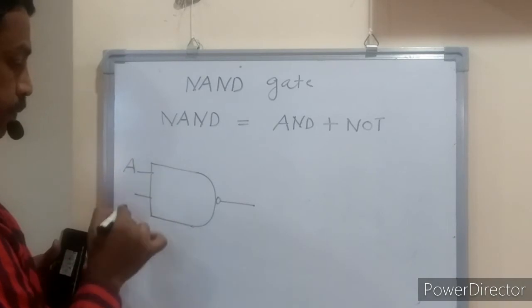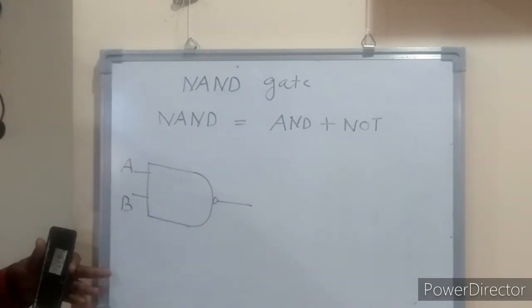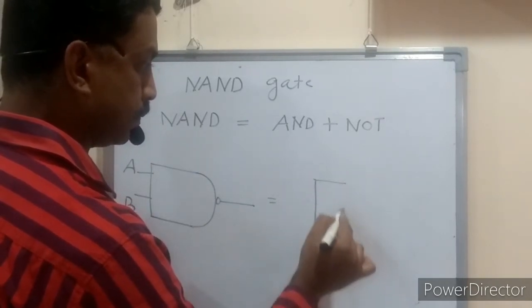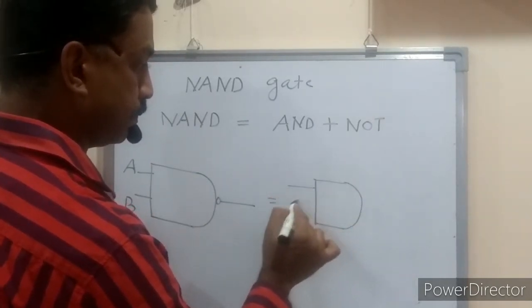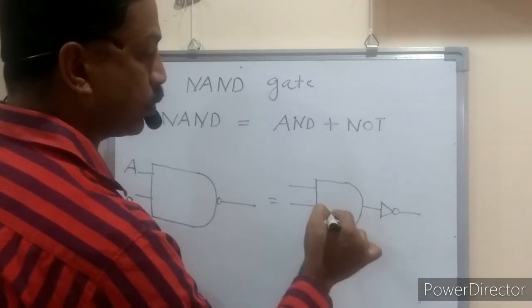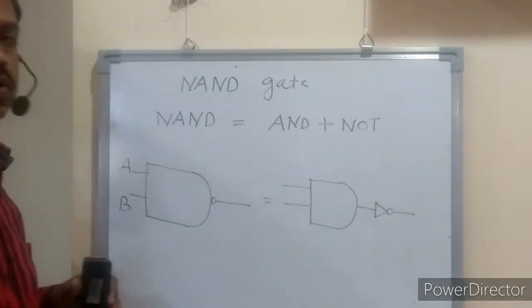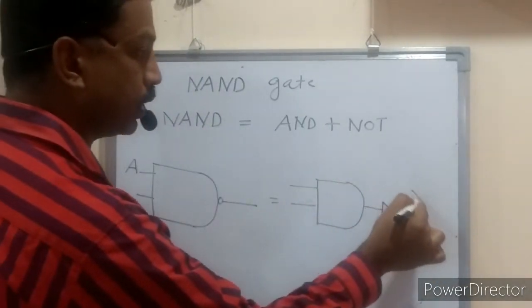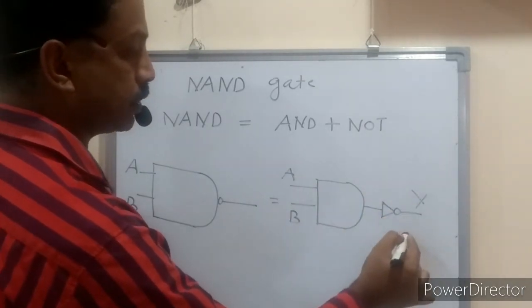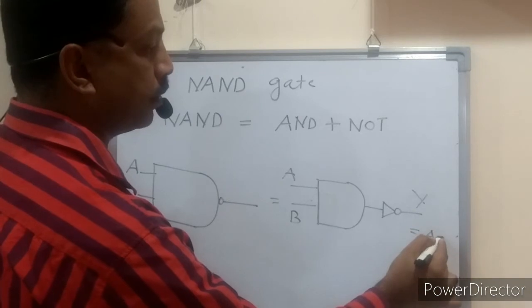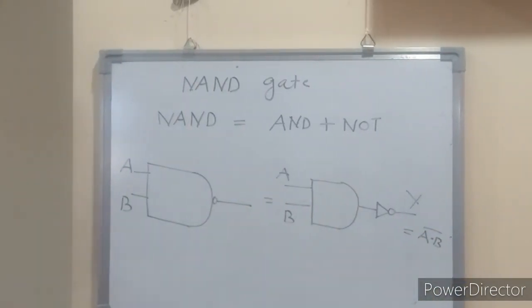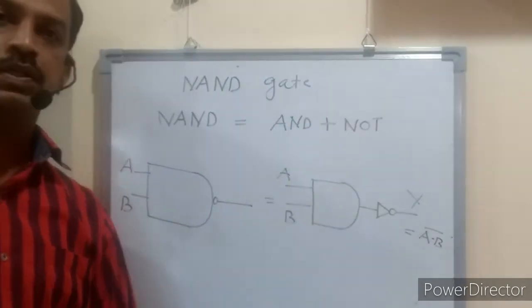Here we say that A, here we say that B, and first one AND gate, and here it is NOT gate. If the output of AND gate is connected to NOT gate, then here you will get the combination, that is Y equal to (A dot B) complement. So the opposite of AND gate is known as NAND gate because NOT is connected.